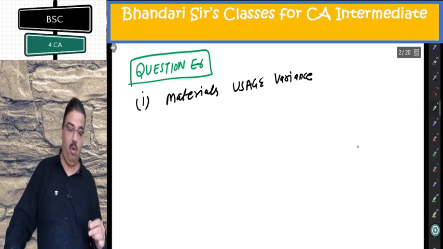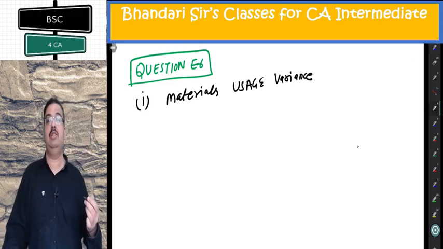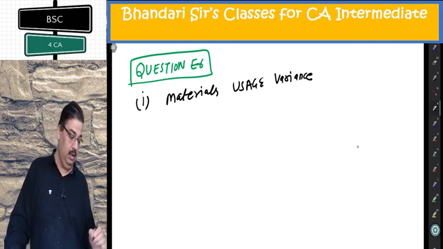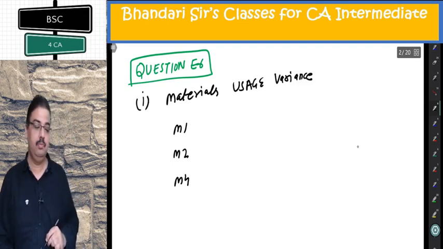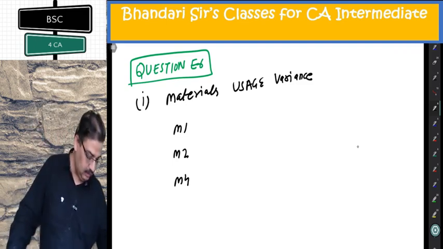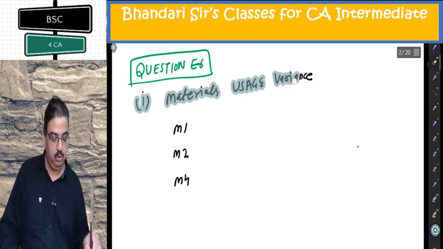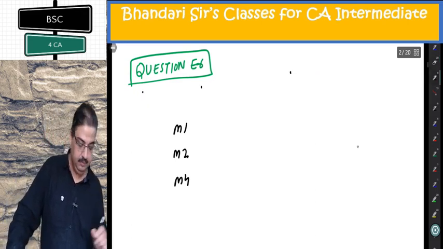He is asking all the middle level variances in material. So what I am doing, I am computing M1, M2, M4. So before I do this, let us make a working note. Then I do part 1, 2, 3 because all these are wanted there.